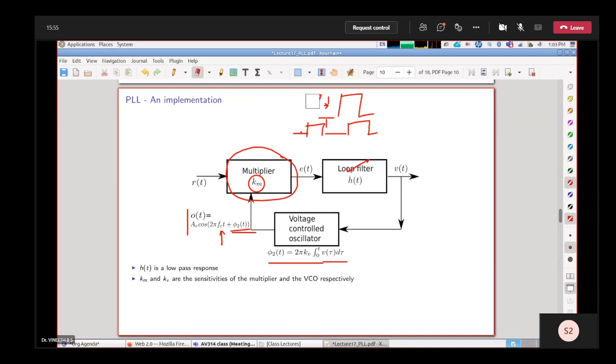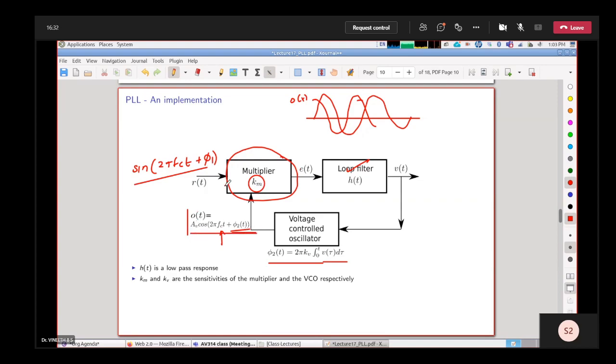We are looking at analog PLLs where these inputs are two sinusoidal signals, and we basically want to find the phase difference between them. If R of t is a sinusoid with phase phi1, and the other one, O of t, is a cosine with phase phi2, then we want to find the phase difference between these two. If you multiply this sine with this cos, what do we get?